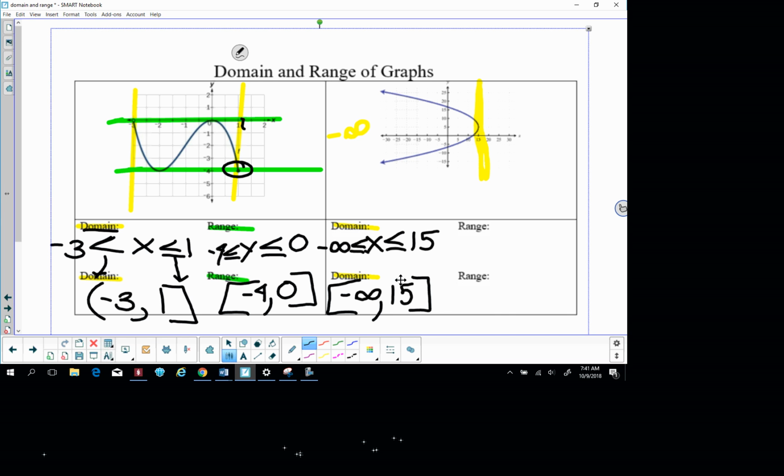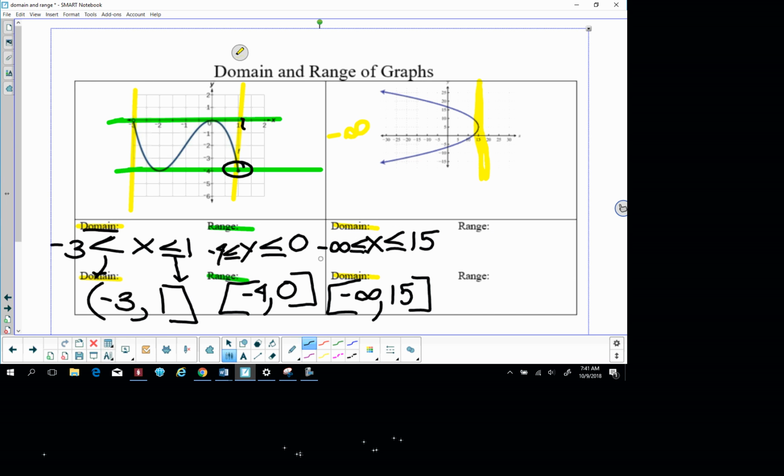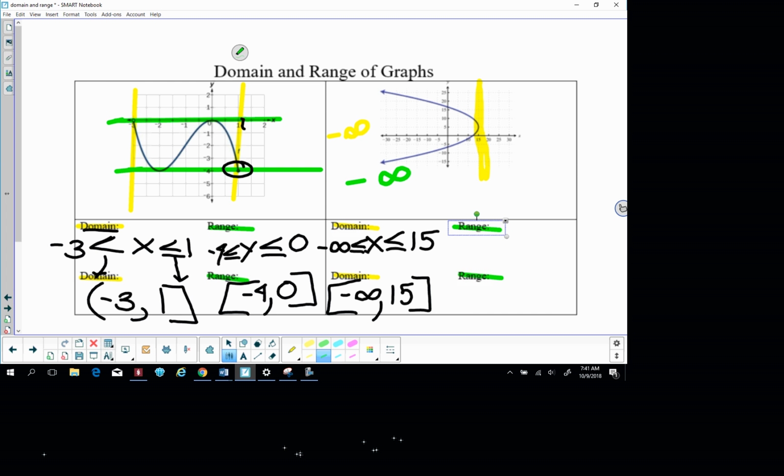Now, if we're looking at up and down, let's go to that one. If we're looking at up and down, which is your range, right? See how it's going up forever and ever and down forever and ever? You guys see that? If it's going down forever and ever, that's negative infinity. These numbers are getting negative. What if it's going up forever and ever?